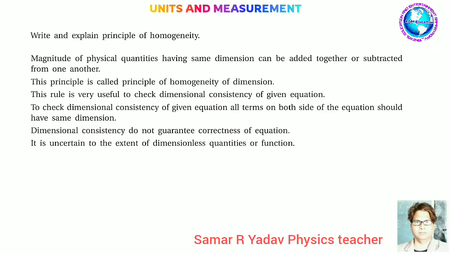To check it, all terms on both sides of the equation should have the same dimension. Dimensional consistency does not guarantee correctness of an equation. It is uncertain to the extent of dimensionless quantities or functions.